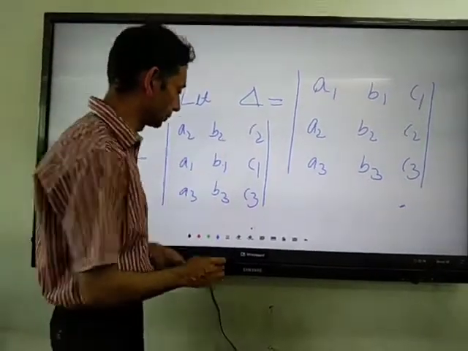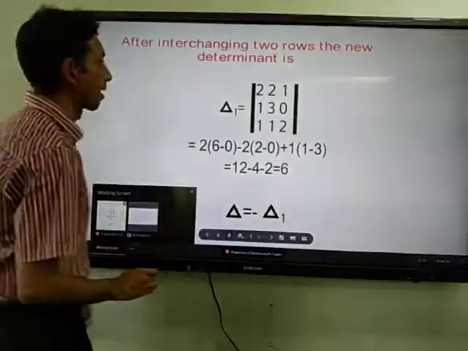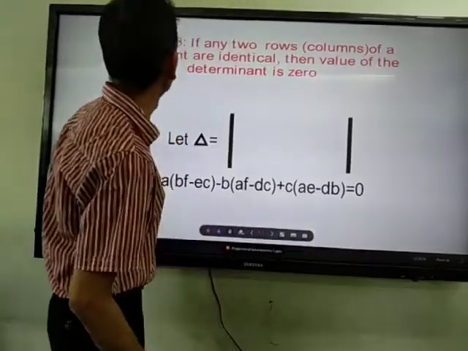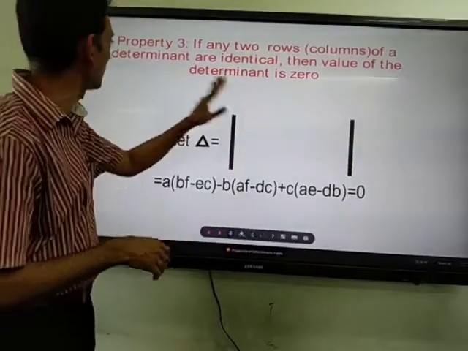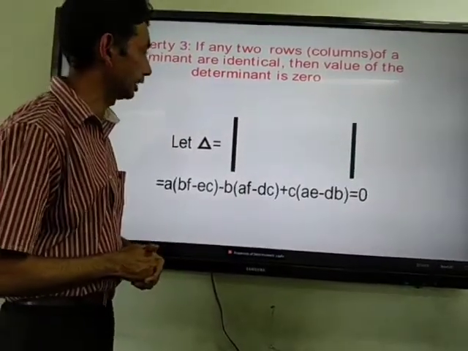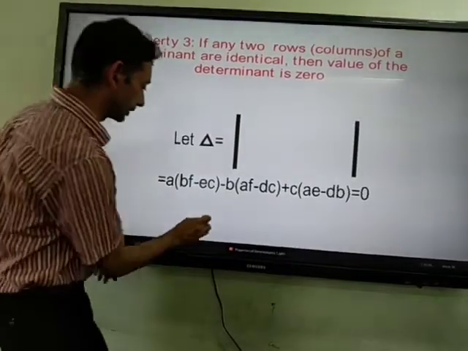Okay, now we can move to the next property. What is property 3? Property 3 says if any two rows or columns of a determinant are identical, then the value of the determinant is 0. You can take an example.